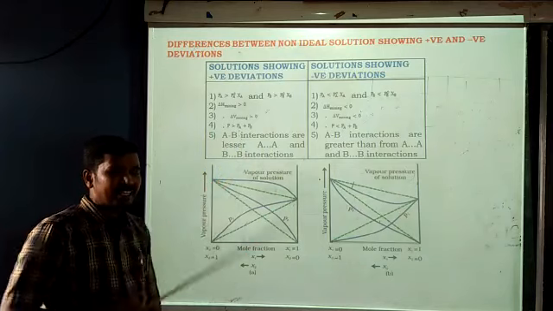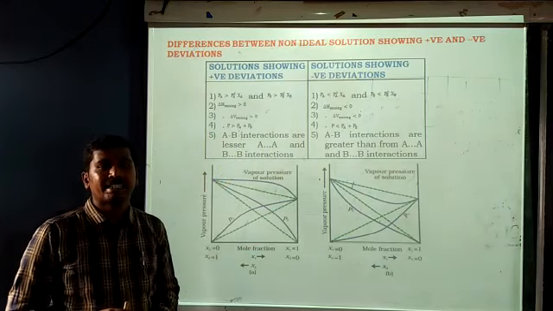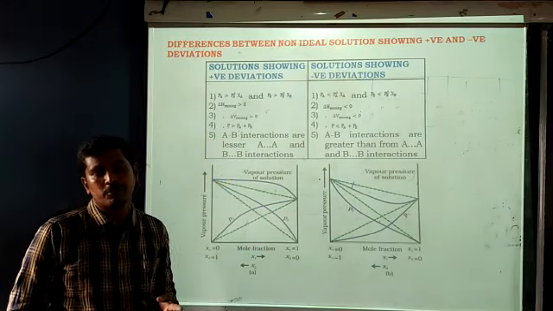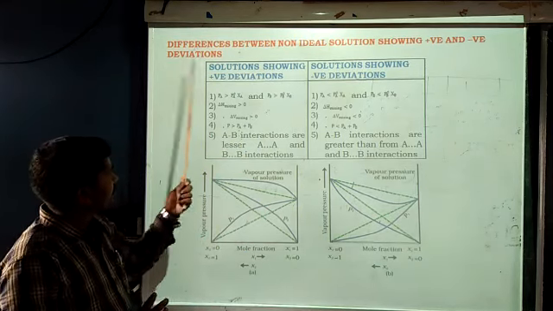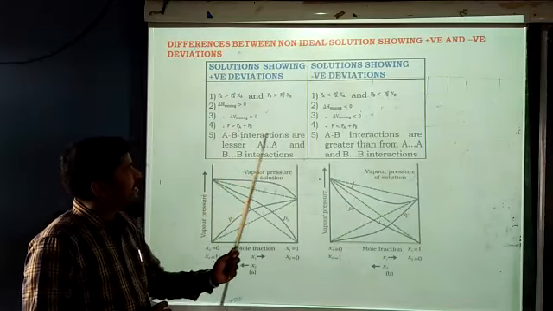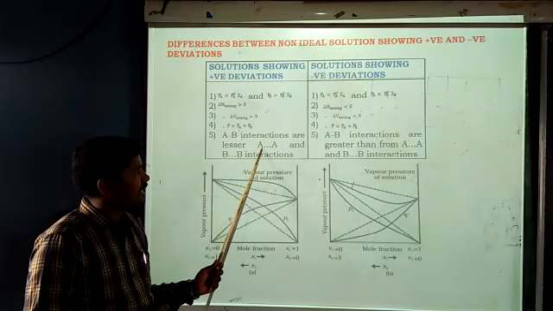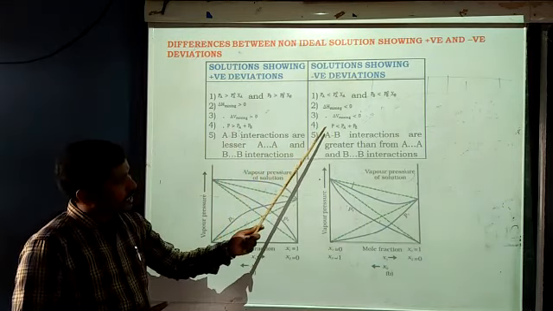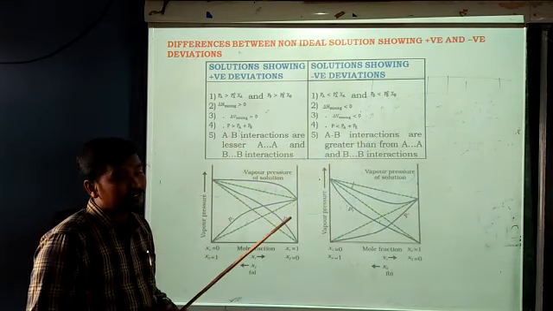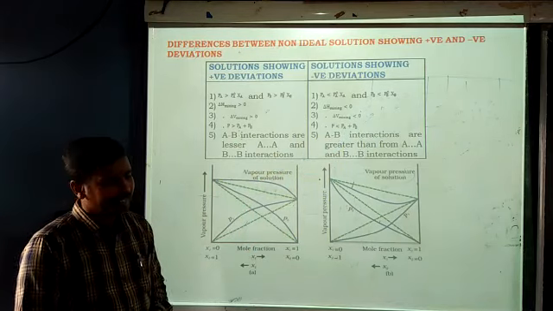Why? If the interaction is more, a lesser number of molecules will go to the volatile state, so the vapor pressure will be lower. So in case of positive deviation, AB interactions are lesser than AA interactions and BB interactions. And in negative deviation, AB interactions are greater than AA interactions and BB interactions.